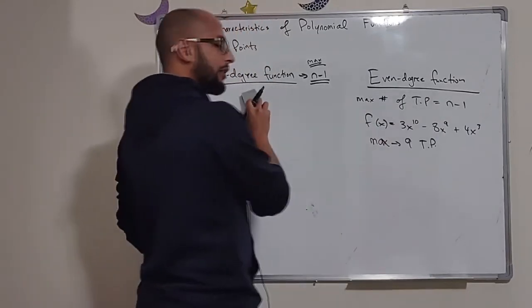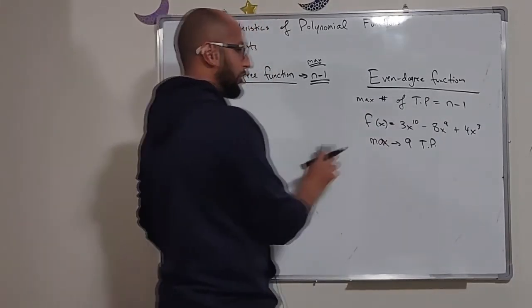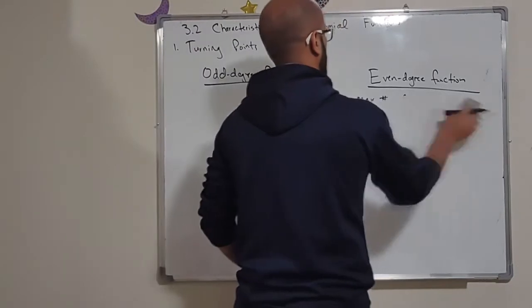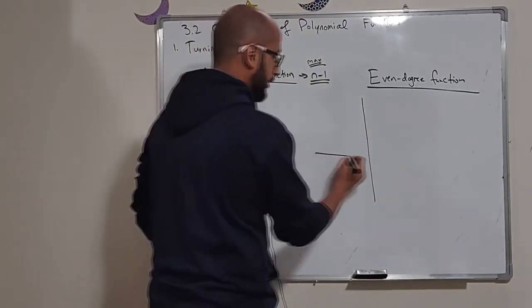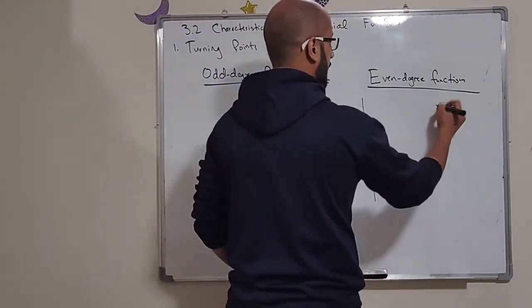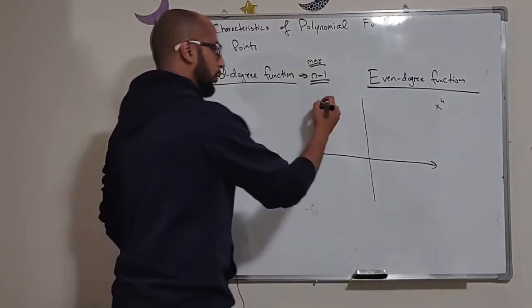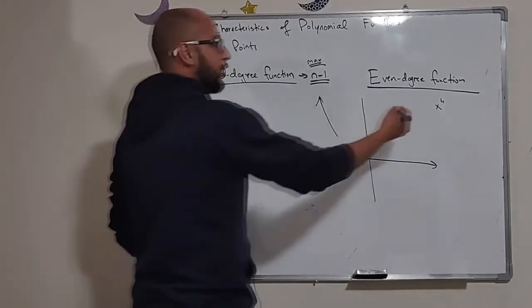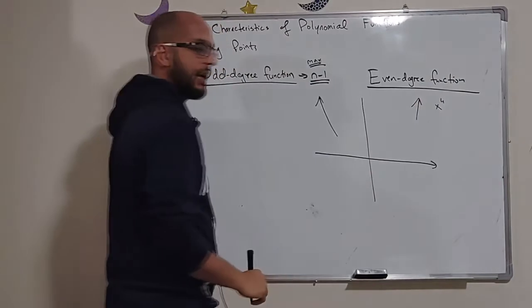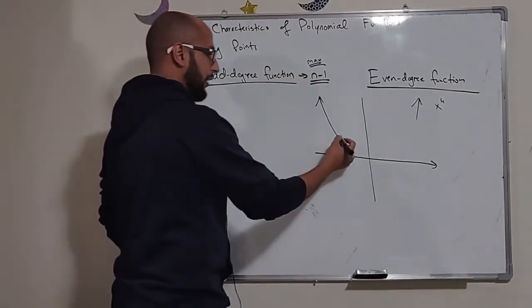Now, for an odd degree function, there's an even number of turning points. So to figure out the possibilities for an even degree function, we're going to use a little bit of logic. Let's say we have x to the power of 4. Well, if it starts here based on end behaviors, we know it's going to have to end there. Well, what can it have?